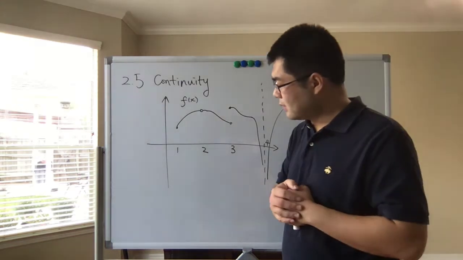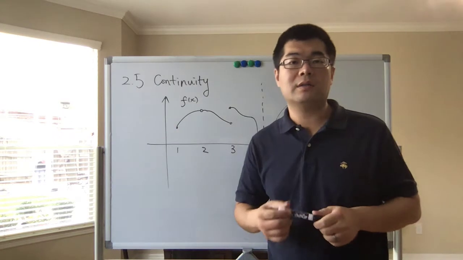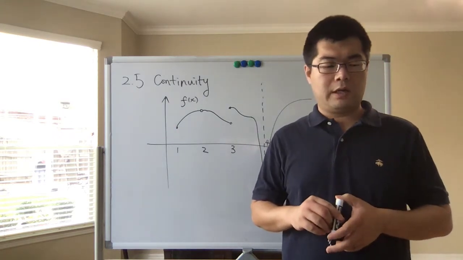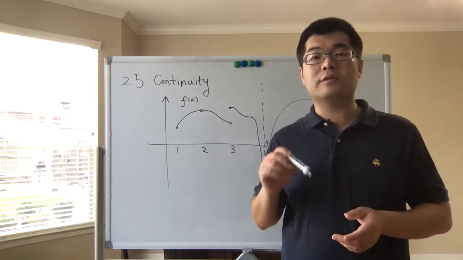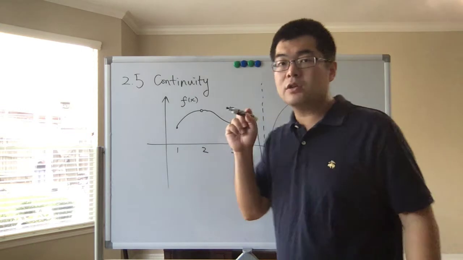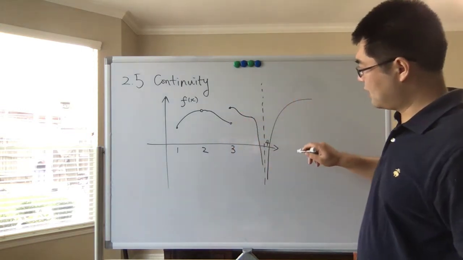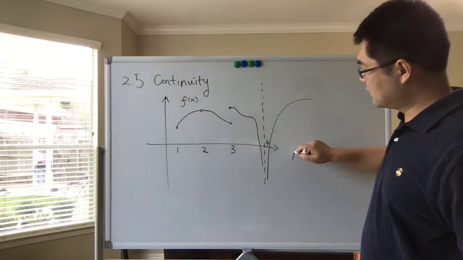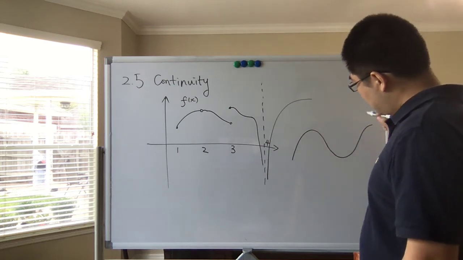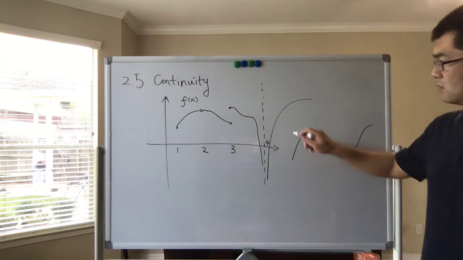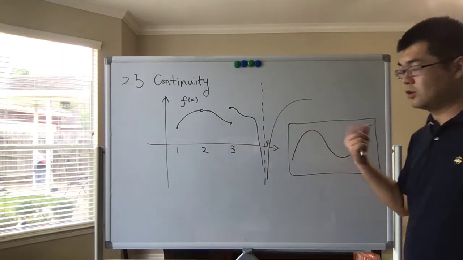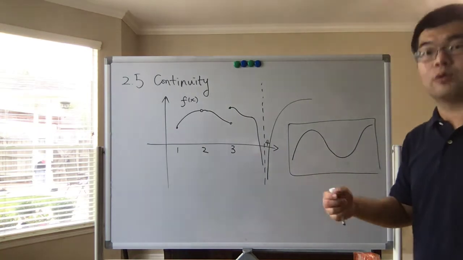How do we describe continuity for a given function? An easy way to memorize it: imagine you're starting to draw a graph, and without lifting your pen, during this process there's no break, stop, or jump.